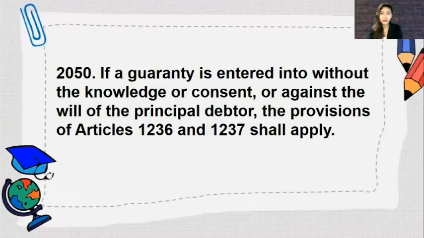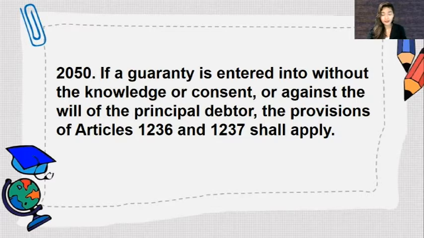We have also Article 2050. If a guarantee is entered into without the knowledge or consent, or against the will of the principal debtor, the provisions of Articles 1236 and 1237 shall apply. We know that a guarantee is generally unilateral.